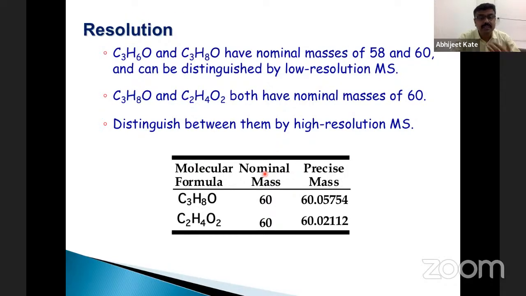So this is another example also, the precise mass you can get, and you can assign the molecular formula. And by doing that, I would say this is really an advancement; the analytical techniques have helped us to proceed further in this direction.